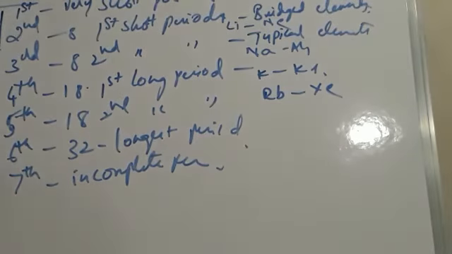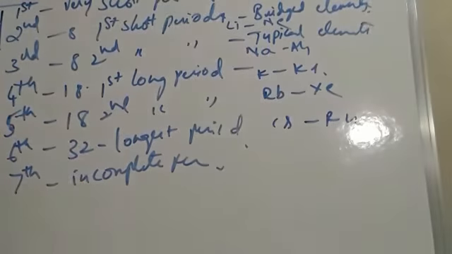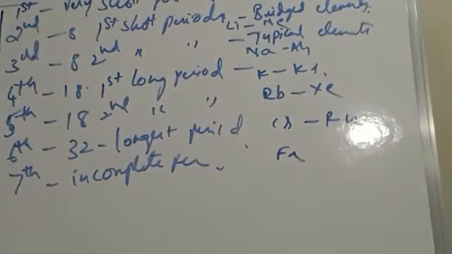The sixth period starts with cesium and ends with radon. And the seventh period starts with francium, but this is an incomplete period.